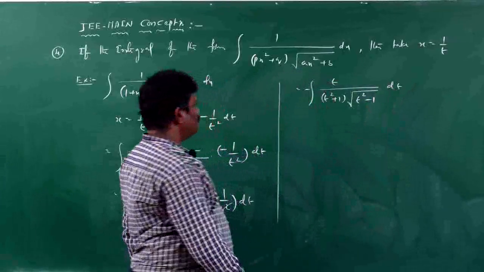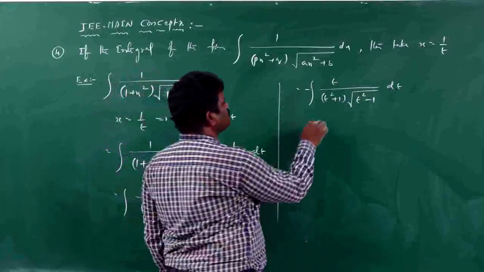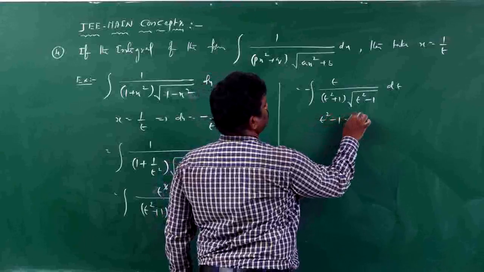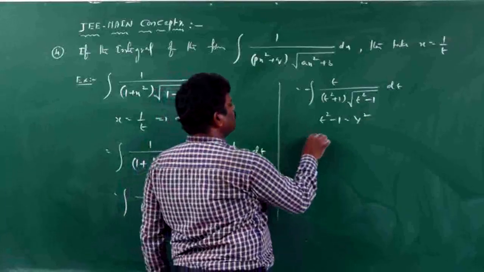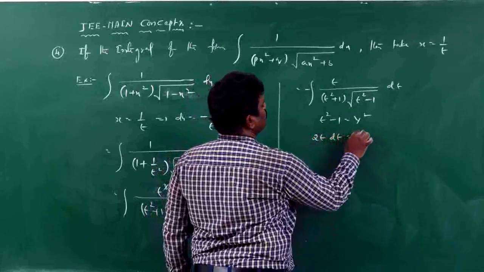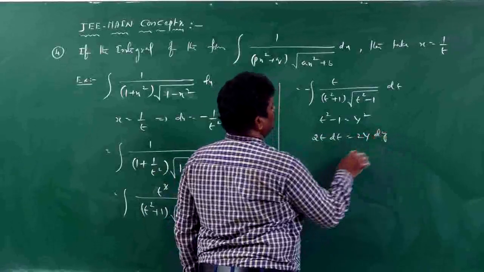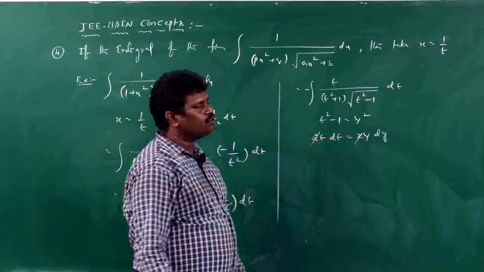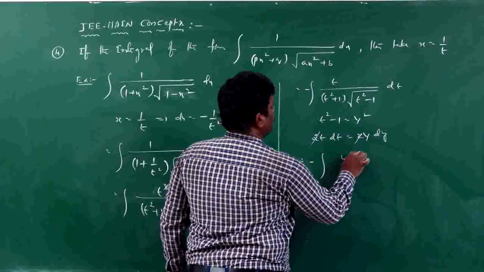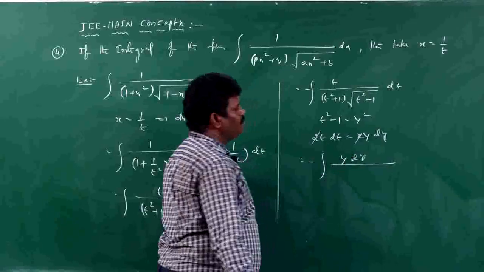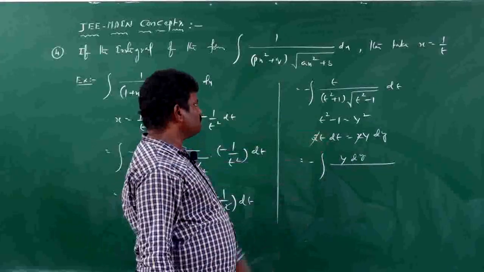Okay? Now take t square minus 1 equal to y square, or p square, anyone. Taking the derivative, 2t dt is equal to 2y dy. The 2 cancels, so t dt is in the numerator. Then that is equal to the integral of y dy by t square plus 1.